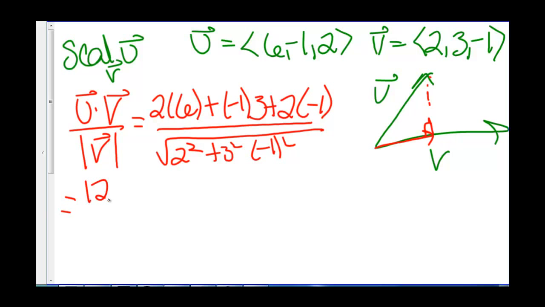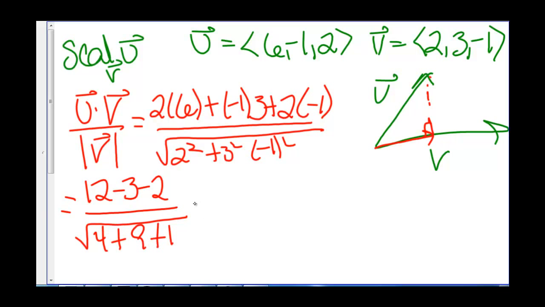So we get 12 minus 3 minus 2 all over the square root of 4 plus 9 plus 1. So we have 7 over the square root of 14, and that is the length.